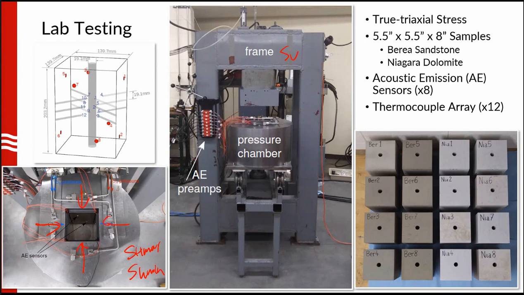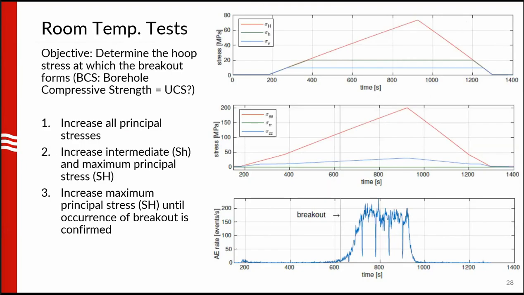So we can control the stress that's applied to the rock, and then see if this methodology can recover the stress that's applied to the rock. Some additional things we did: on the top left, you can see these red dots. These are acoustic emission sensors. This is to listen for the onset of the breakout. There are also arrays of thermocouples, 12 of them, drilled and located close to the borehole in order to measure the temperature in the rock.